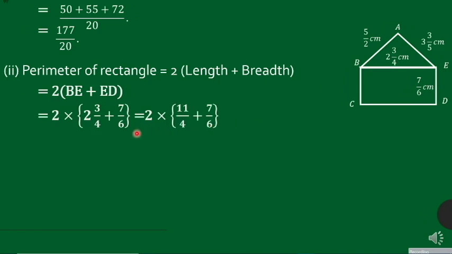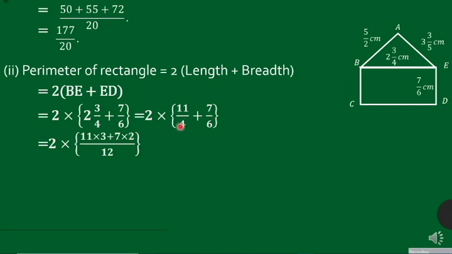So here what I have done, see here beta, again I convert this mixed fraction into an improper fraction. Hope you understand the step. If you have doubt, you can comment to me beta. 2 multiplied by 11 multiplied by 3 plus 7 multiplied by 2 upon 12. How do you get this? Same procedure beta. Take LCM of 4 and 6, you will get here 12. Here you divide, so you will get here 3.